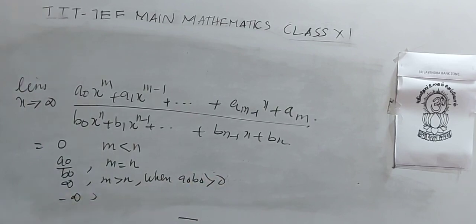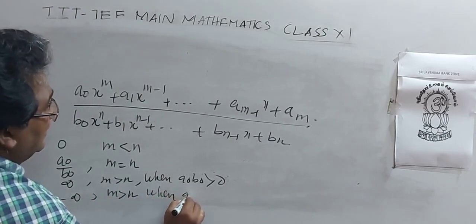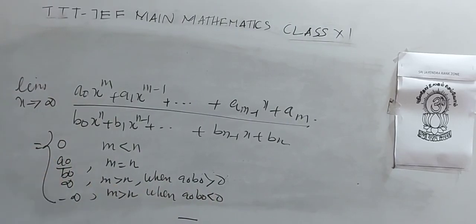Minus infinity, if m is greater than n, then a naught by b naught is less than 0. It's a very, very important result.